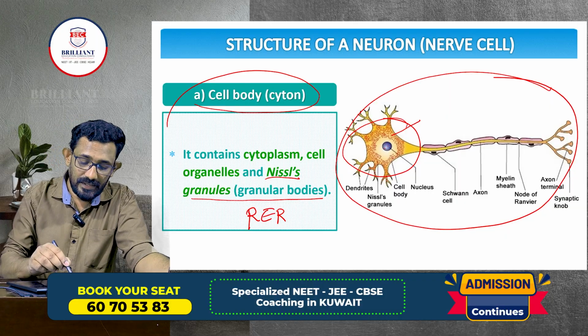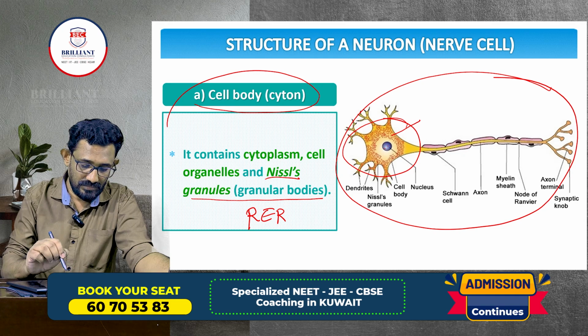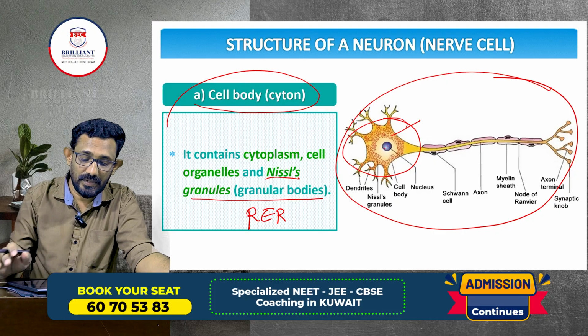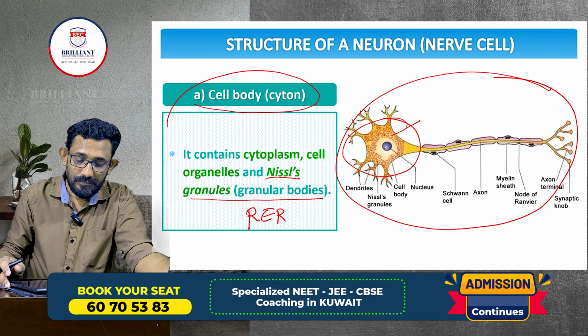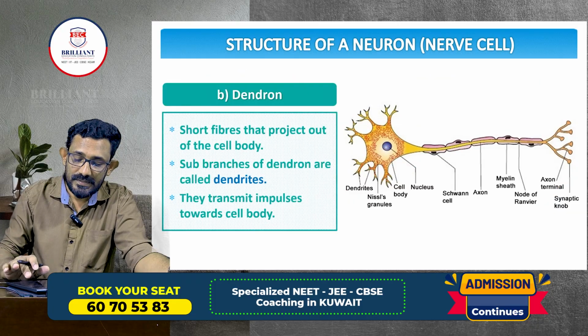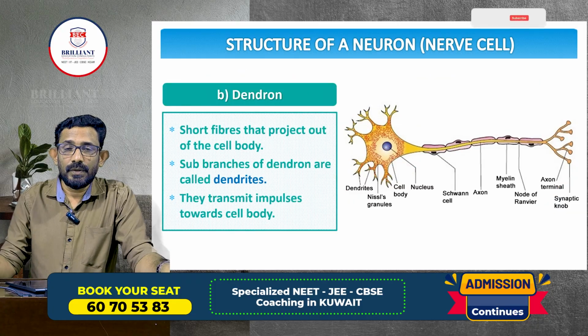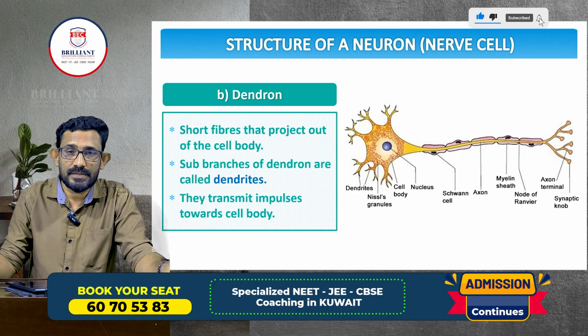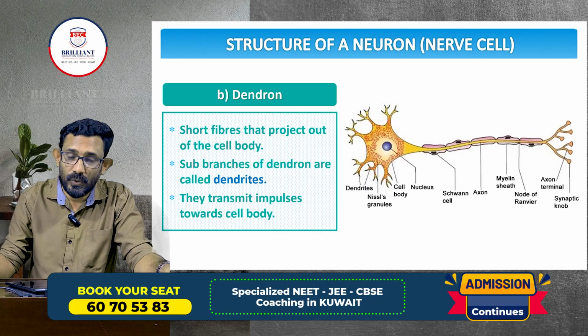So this is only there in the cell body. Cytoplasm, Nissl's granules and nucleus, and this is called cell body or cytone. So cell body is over. Hope it is clear. Cell body consists of Nissl's granules and nucleus.